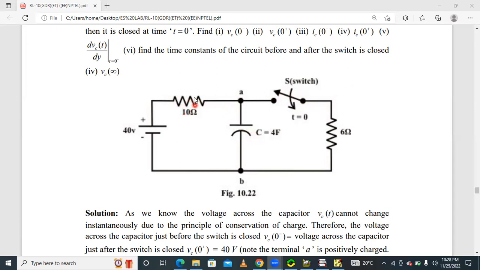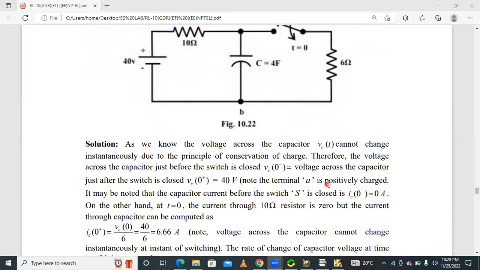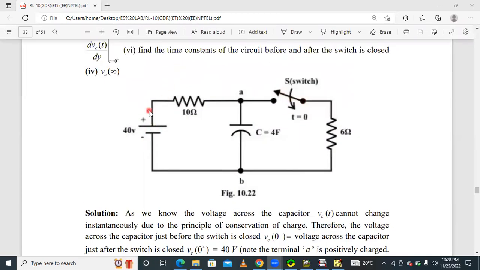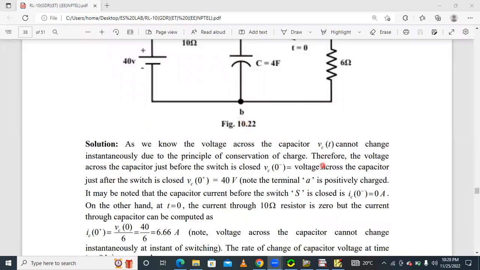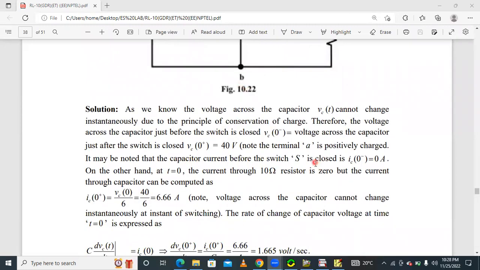The current flowing through the 10 ohm resistor is 0, so the voltage drop across the 10 ohm resistor is 0. The same voltage is present across the source and the capacitor, so the potential difference between them is 0. That's why IC of 0 minus is equal to 0.